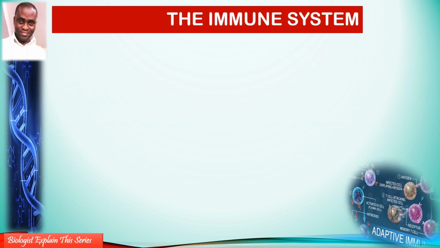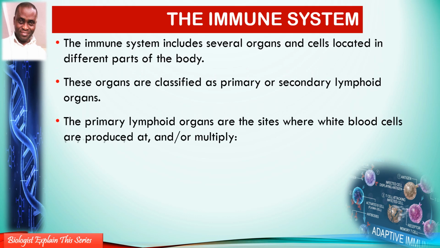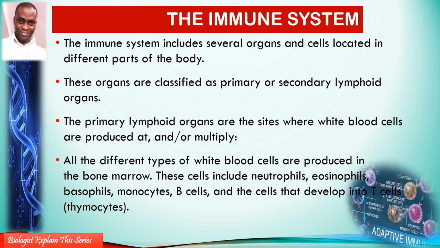And still on the immune system, we've got these structures to discuss. The immune system is made up of organs, cells, tissues, molecules. When you say something is a system, from what you have done in elementary biology, a system is made up of tissues, and tissues are made up of cells.